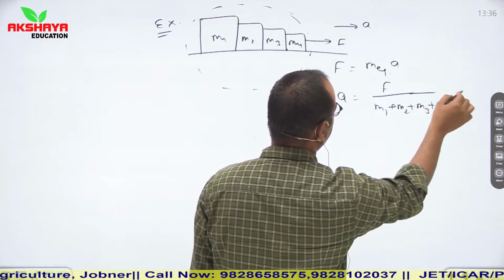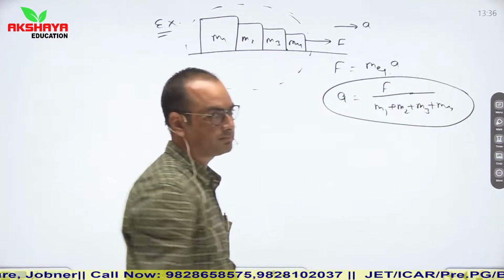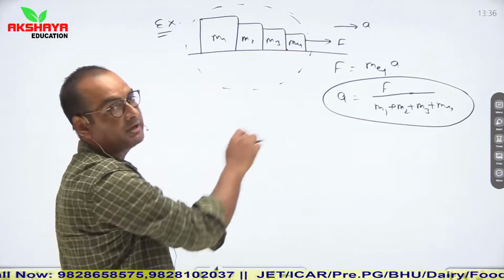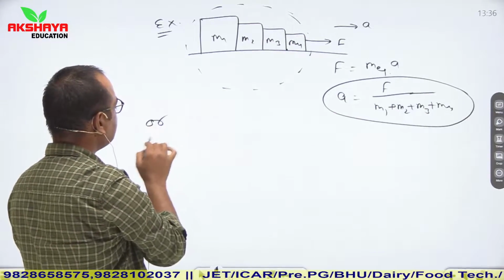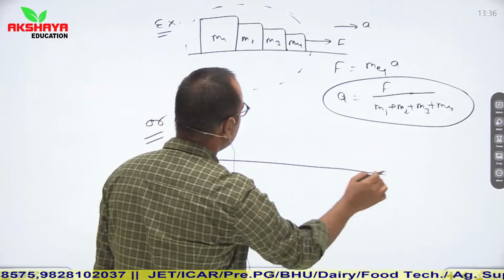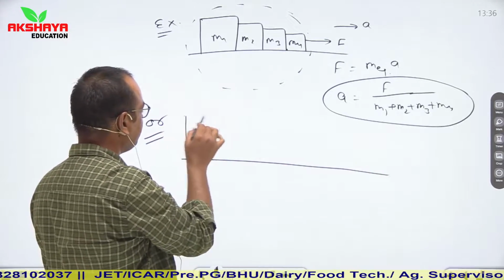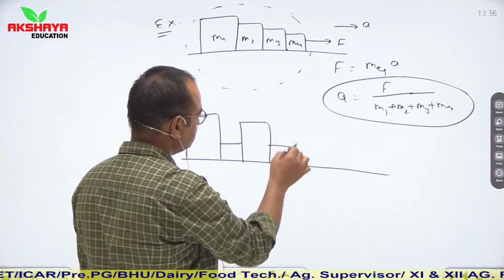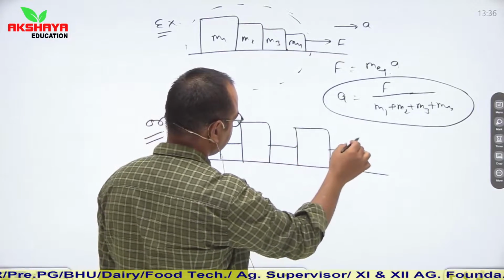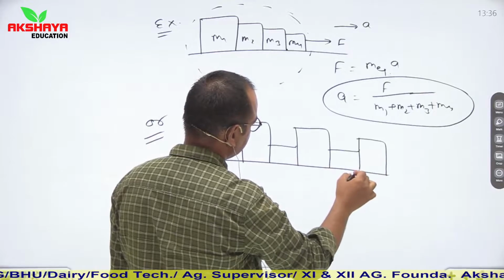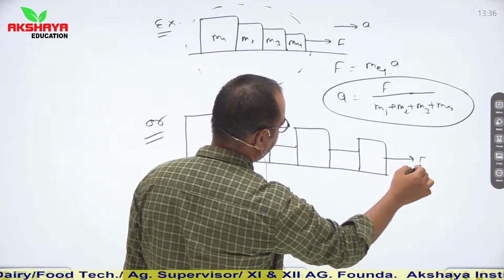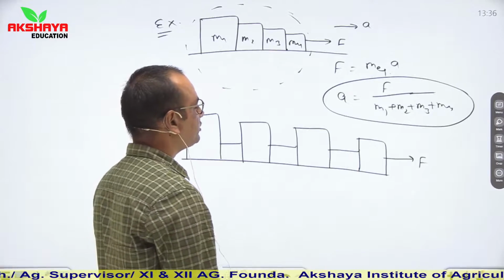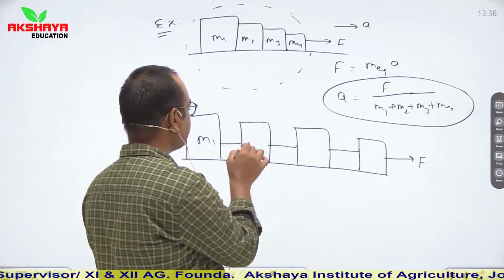नो नीड टू गो फॉर FBD, सिंपली यूज दिस रिलेशन. ये आप यूज कर सकते हो. सो अगर ये एक दूसरे के साथ कांटेक्ट में हो तो भी आप ये रिलेशन यूज करोगे. और सेकंड पैटर्न क्या हो गया? If all these objects are connected by different strings like this way, and now this force F is applied, then in this condition also, you will use the same relation.